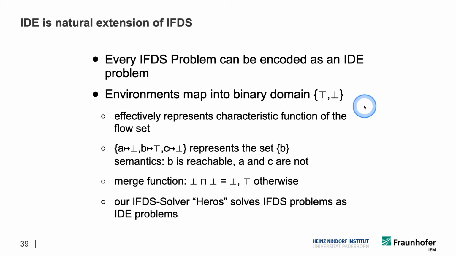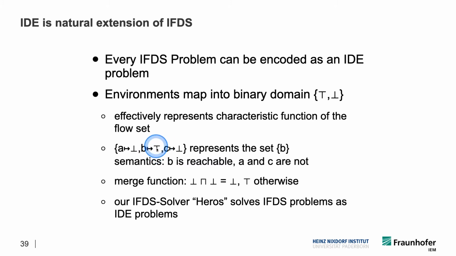And the idea is basically that in such an encoding, you simply use a very simple binary domain as your value domain. So this is the domain of letters that you choose to label the edge functions with, or functions over the edge functions with. And then essentially, you are talking about such mappings here, right? So for instance, if you have such a mapping here that maps A to bottom, B to top, and C to bottom, it really represents the information that at this point, B is reachable.